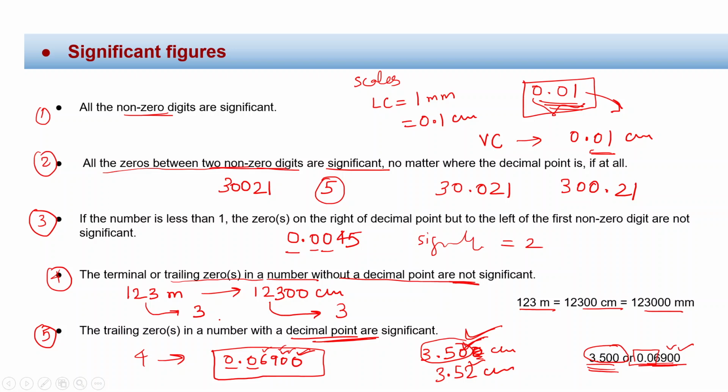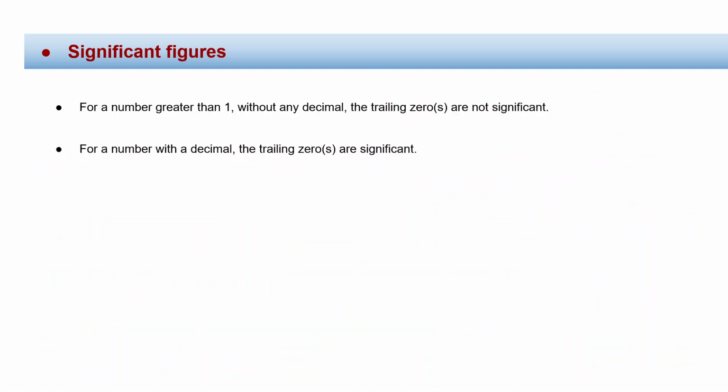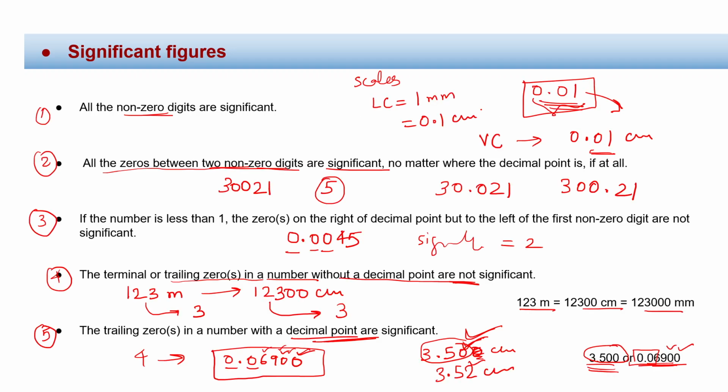Moving on to the next rules, we have 2 more. For a number greater than 1 without any decimal, the trailing zeros are not significant. I think this is the same one we had earlier: if a number is like 2 or 250, without any decimal, the trailing zeros are not significant.